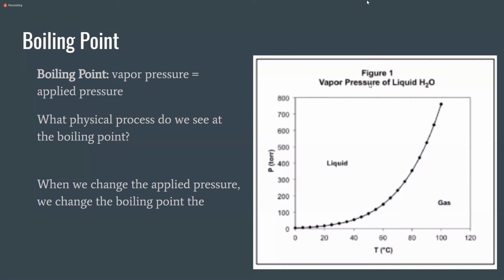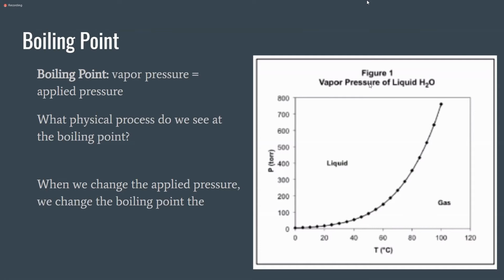Okay, so the reason why we can see bubbles at the boiling point and not at other temperatures is because at the boiling point, the vapor pressure, the pressure of the gas molecules coming off our liquid, is equal to the applied pressure, which is just atmospheric pressure if we're cooking a pot of pasta. So your bubble is made of gas molecules evaporating into the liquid phase, right?